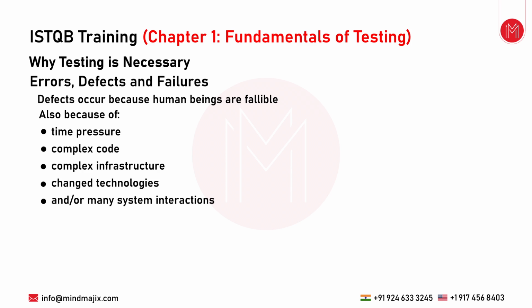You have divided your requirements into P1, P2, P3s, high, medium, low, right? And due to time pressure, you are only covering the requirements marked high or P1. Or the code is so complex that you are not able to understand it and you are not doing proper testing. There is a complex infrastructure, which means multiple systems are embedded nowadays, right?